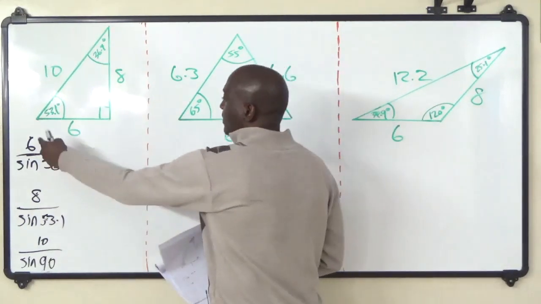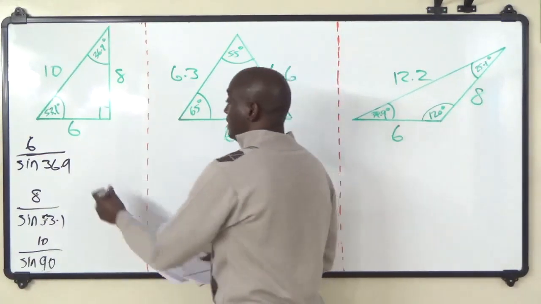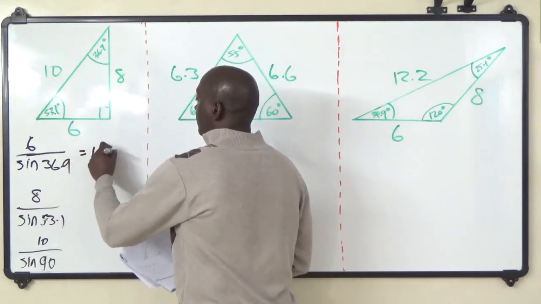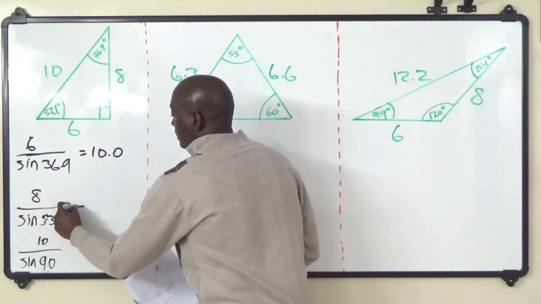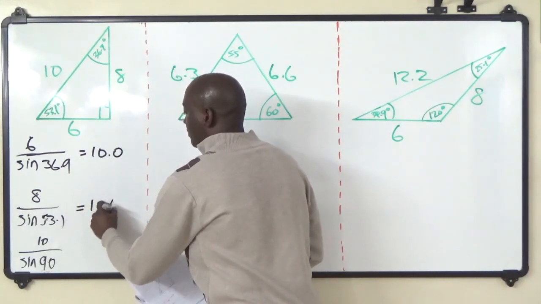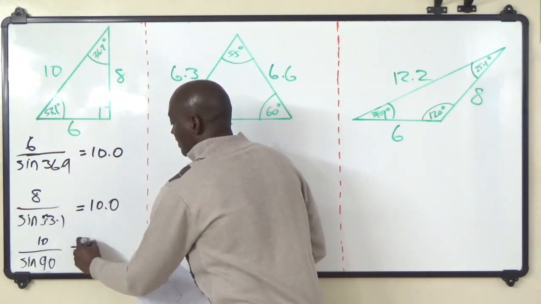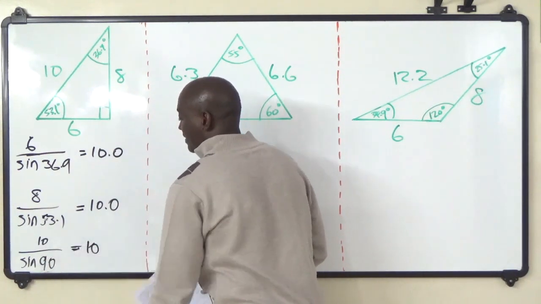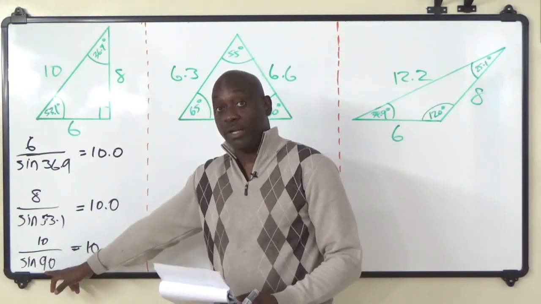So if you work out 6 over sine 36.9, to 1 decimal place the answer is 10.0. 8 over sine 53.1, to one decimal place, the answer is 10.0. And 10 over sine 90, to one decimal place, the answer is just 10. Exact, the reason being that the sine of 90 is 1.